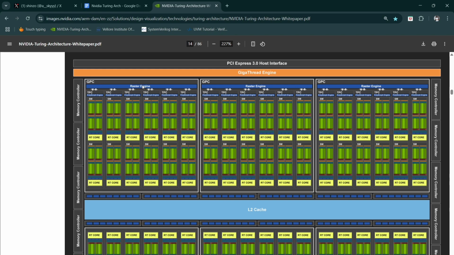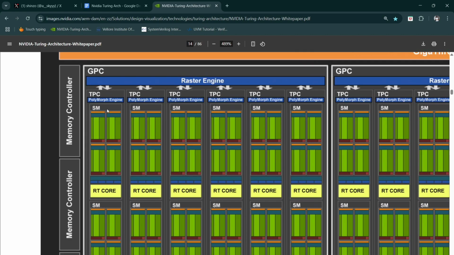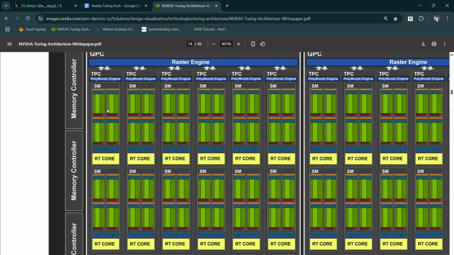Inside this you have raster engines, and then some abstraction units called TPC, texture processing units. Inside these units, all the calculation happens. Inside this you also have something called SM, the streaming multiprocessor.